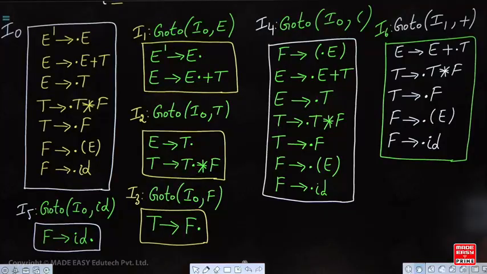Yeah, Rikati Paul, 12 states, I0 to I11. You please try, every one of you.